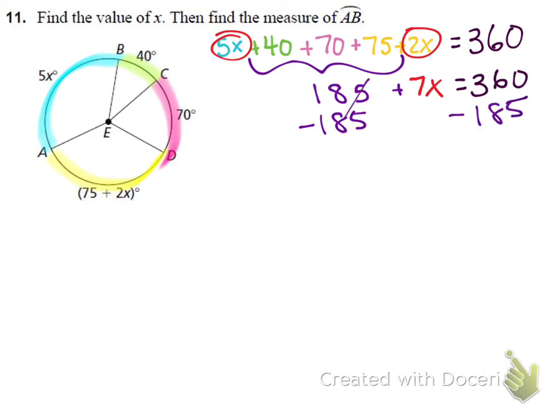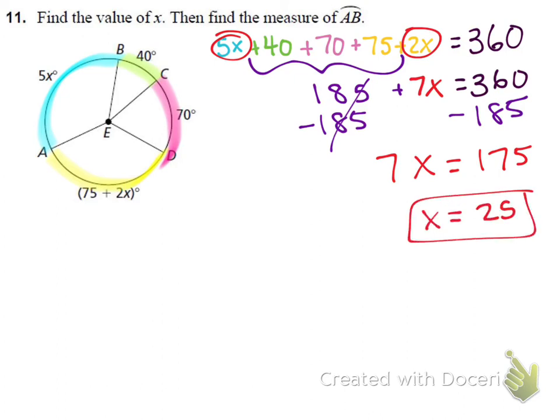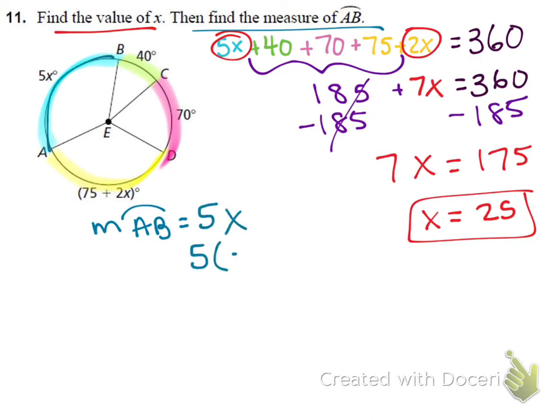What is 360 minus 185? 175. Divide by 7, and x is 25. So it says find the value of x, but it also says find the measure of AB. What was the measure of arc AB when we started the problem? 5x. So then we're going to plug in x. So 5 times 25 is 125.